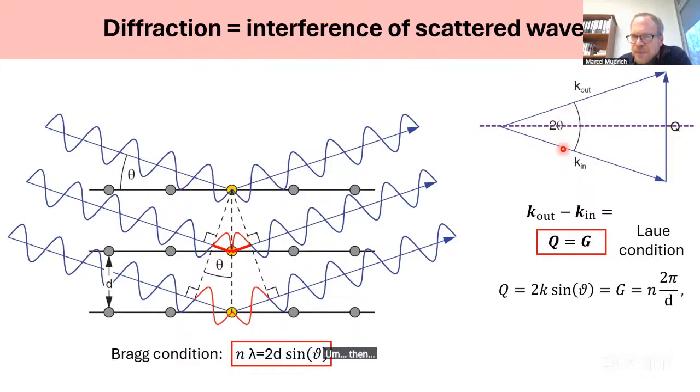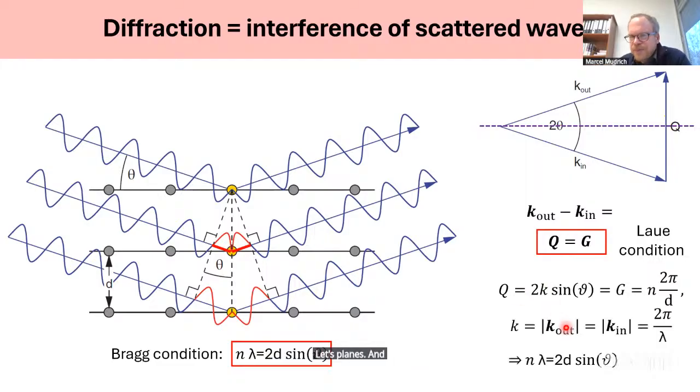Then Q can be written as 2k sine theta, and that has to equal G, and G, the reciprocal lattice vector length, by definition has to be integer multiples of 2 pi over d, where d is the spacing between lattice planes.